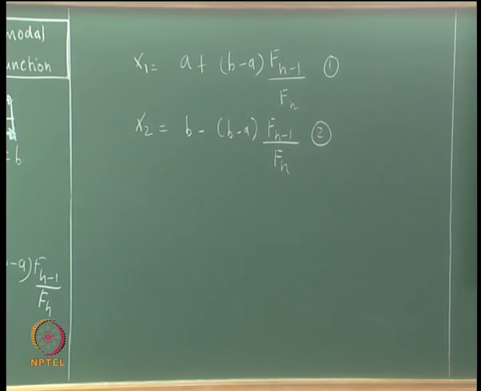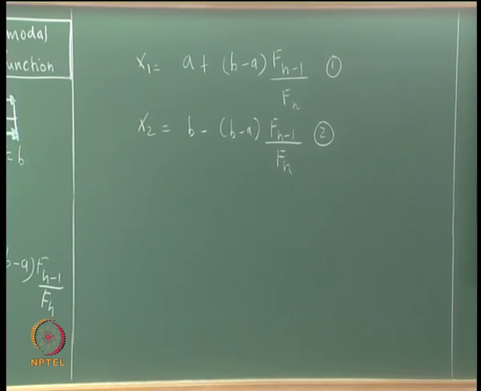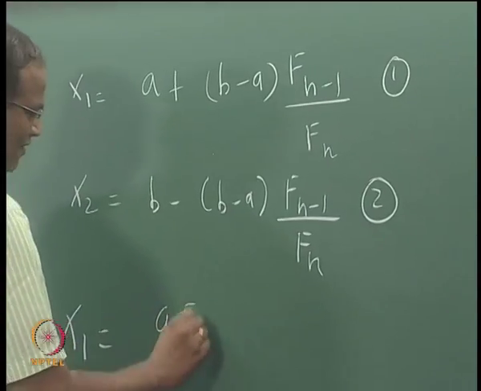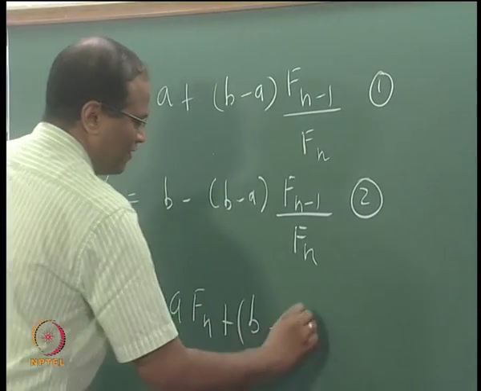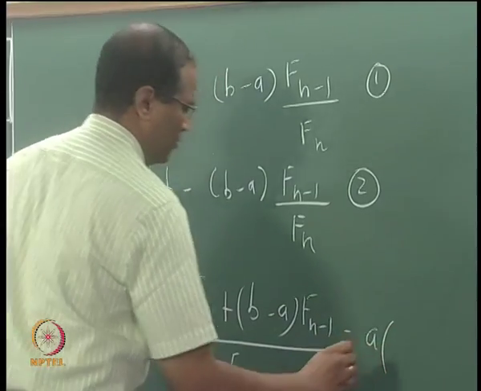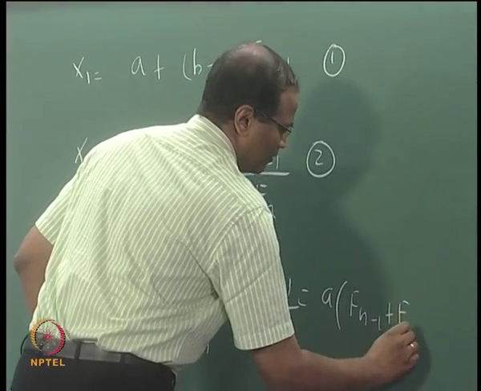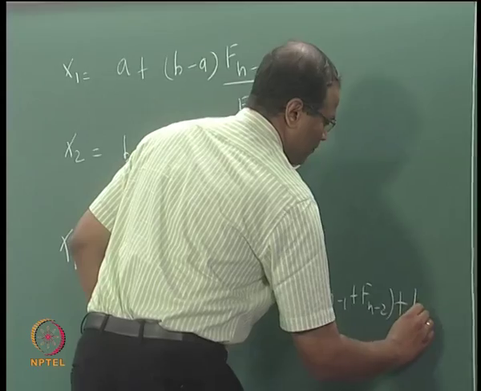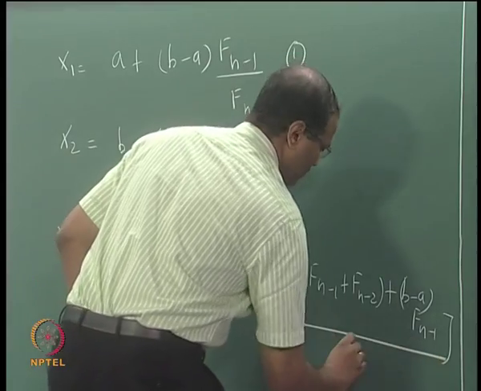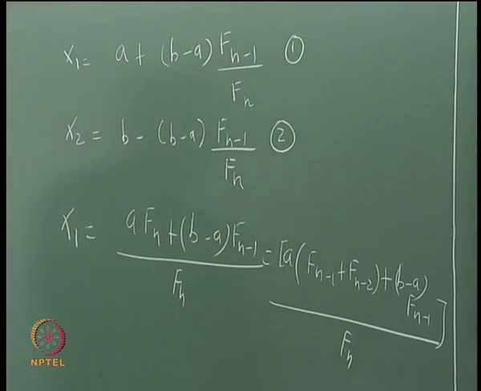So f of n is the denominator, you have to cross multiply A into f of n. F of n can be written as f of n minus 1 plus f of n minus 2, you can get B minus A, you can subtract certain things and simplify, correct? All right, you can do that. So x1 equal to A... can you tell me, can you simplify this?